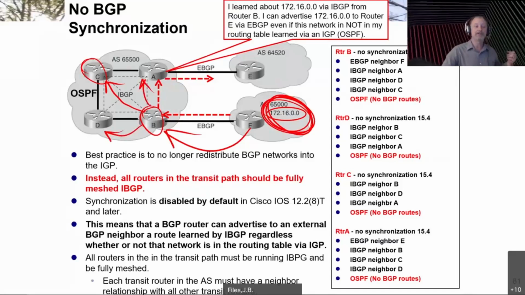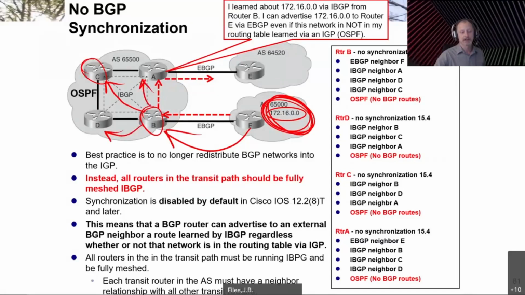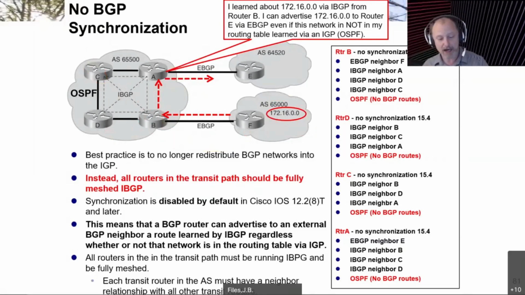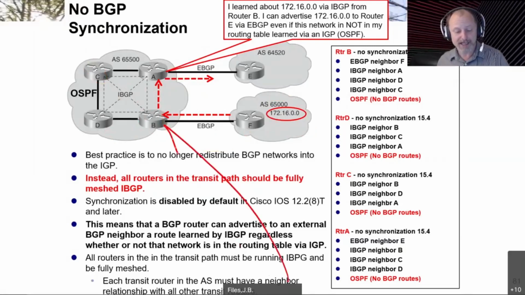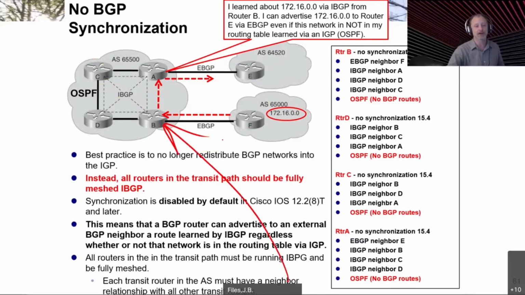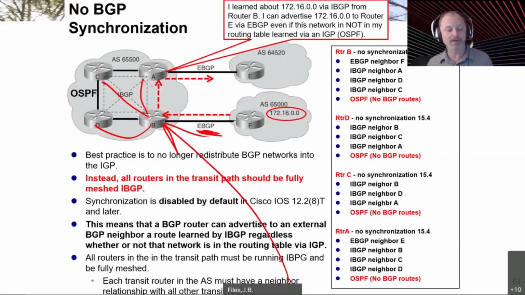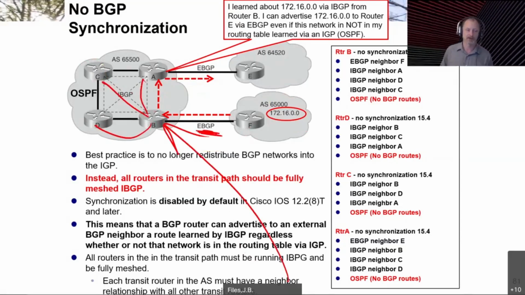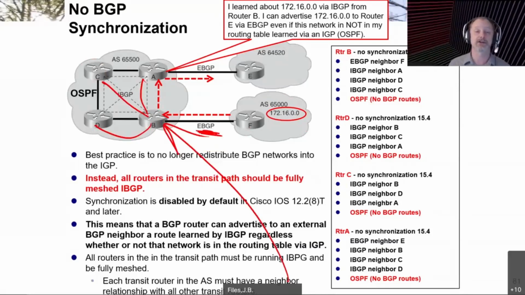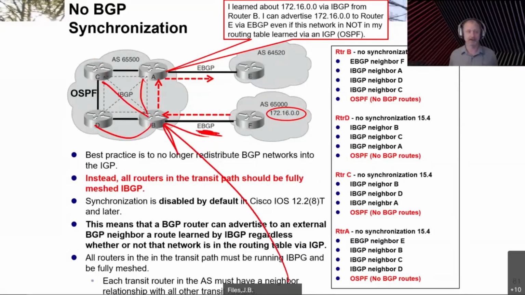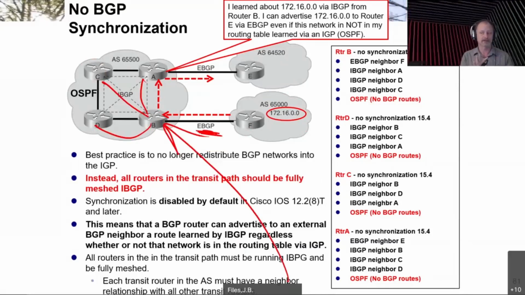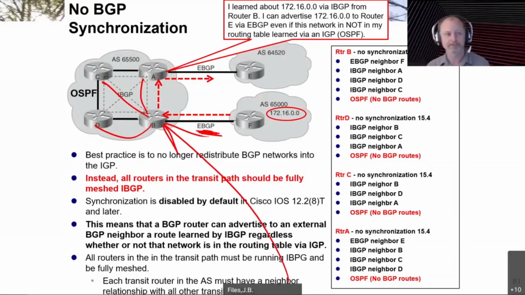So being fully meshed means that whenever an advertisement hits an edge router via an eBGP relationship, it's going to propagate that to all of the iBGP neighbors, whether it's directly connected or not, physically. Does that make sense? Does that help answer your question?